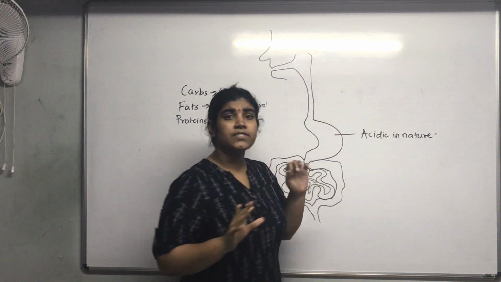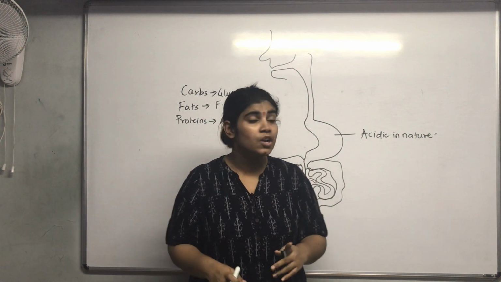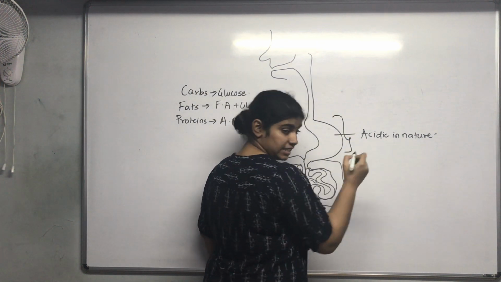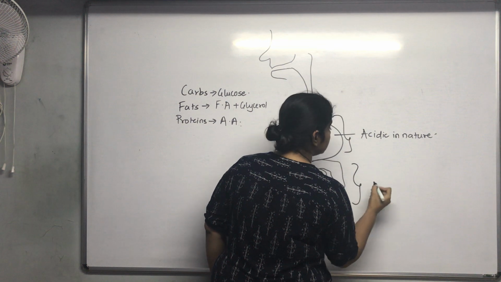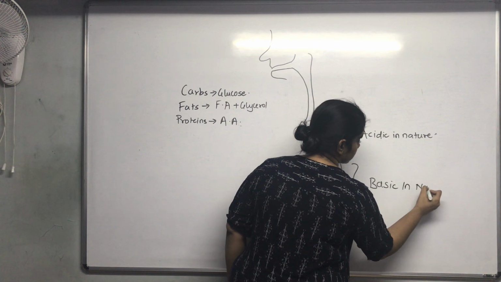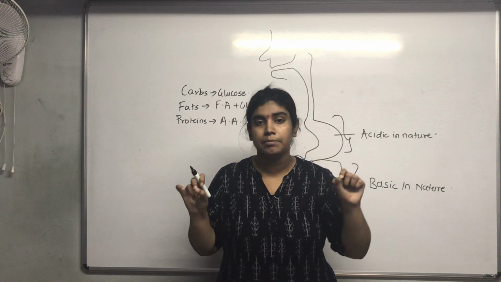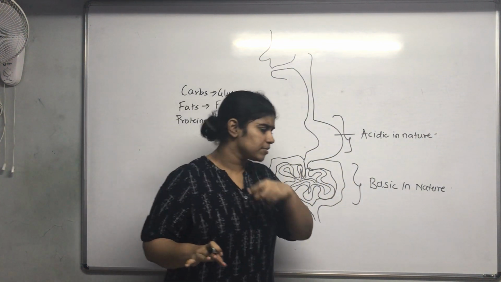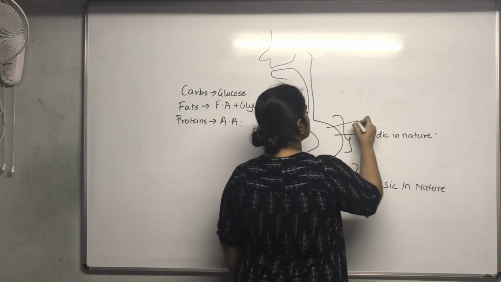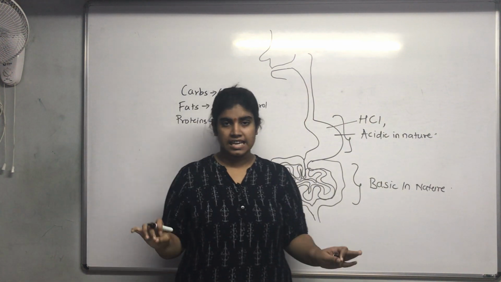Now if I talk of something which is acidic in nature, you have to have a simple basic understanding of what is acid and what is base. The digestion in the stomach is acidic in nature, while the digestion in the intestine is basic in nature. Now, since I said the stomach has an acidic medium, the very first thing that comes to your mind is the acid that is present in the stomach, and that acid is known as the hydrochloric acid or HCl.